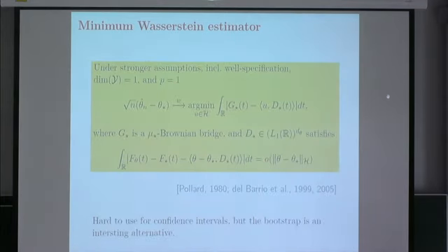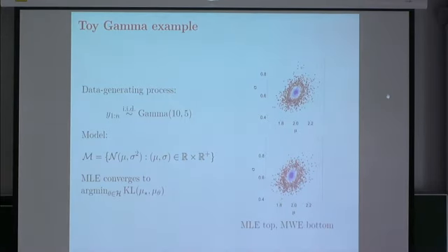You can prove more than that with further assumptions, meaning a limiting distribution of the Wasserstein estimator. And again, that's at a root n speed. So this is slightly discussed in the paper.